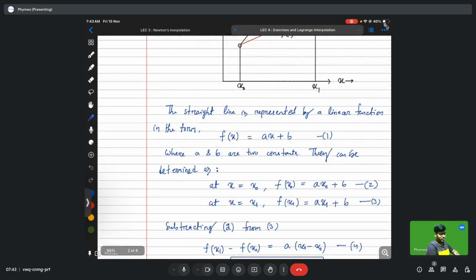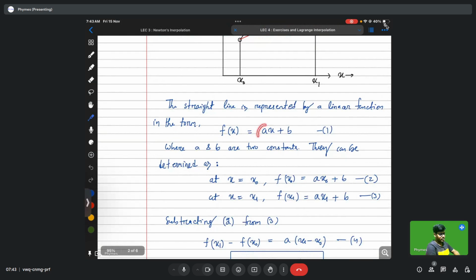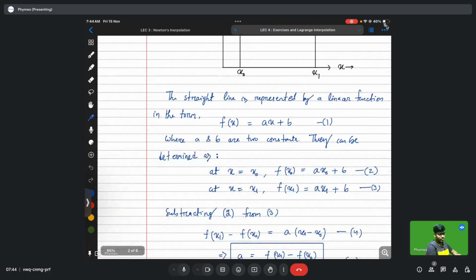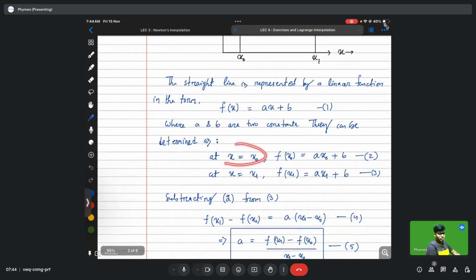Now again we can find the constants a and b as usual, where a and b are two constants, and they can be determined as follows. When x equals x0, f of x0 will be a x0 plus b, and at x equals x1, f of x1 will be a x1 plus b.